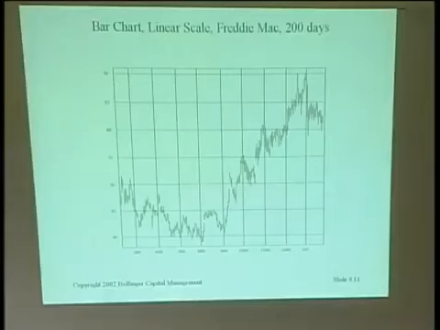Well, a 5-point gain on a $65 item is a somewhat different event than a 5-point gain on a $40 item. It's a much bigger percentage increase off a $40 base than it is off a $60 base.